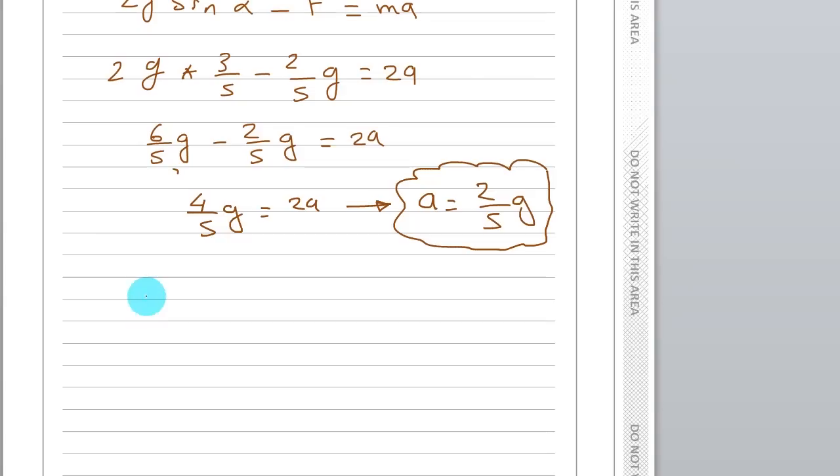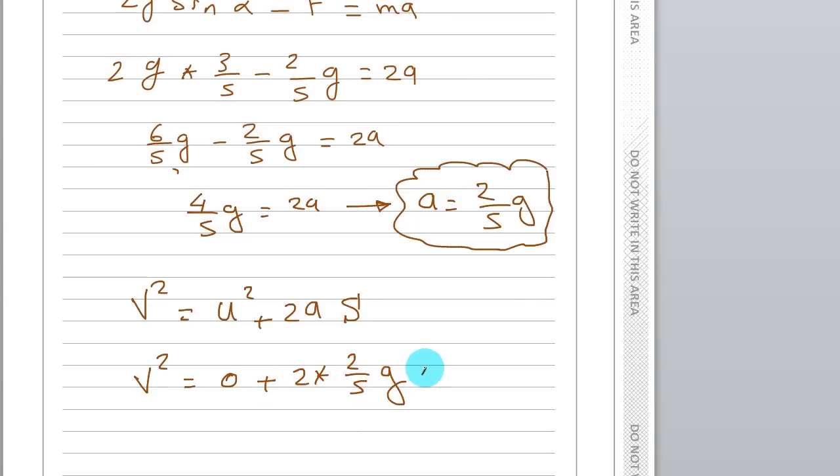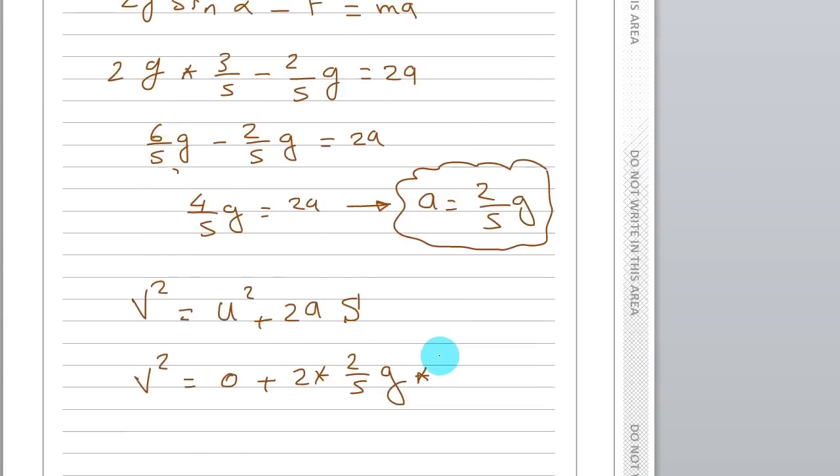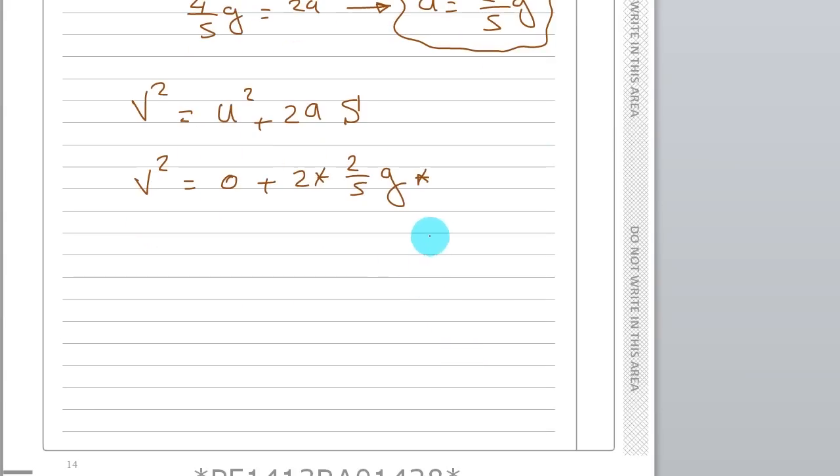Now the same equation again, v squared is equal to u squared plus 2as. Now v I don't know, and u is equal to 0 because we start at rest, plus 2 multiplied by 2/5 g multiplied by s, which is 2.3.